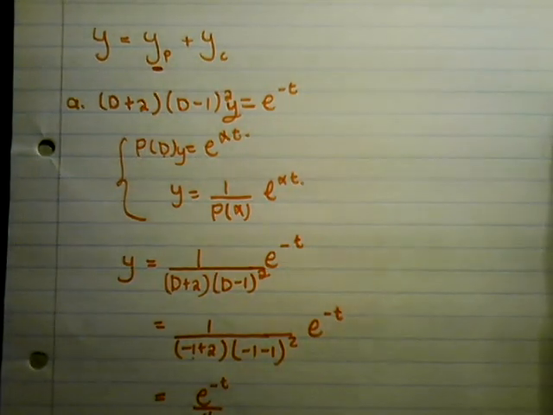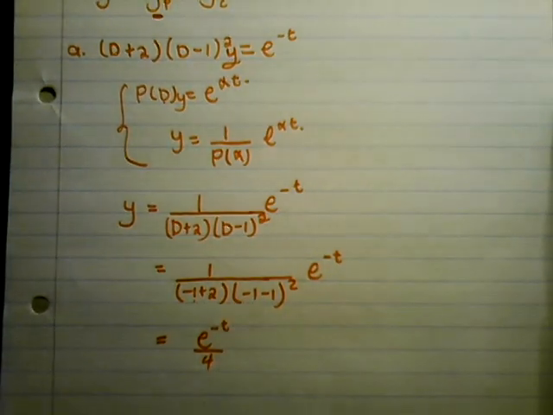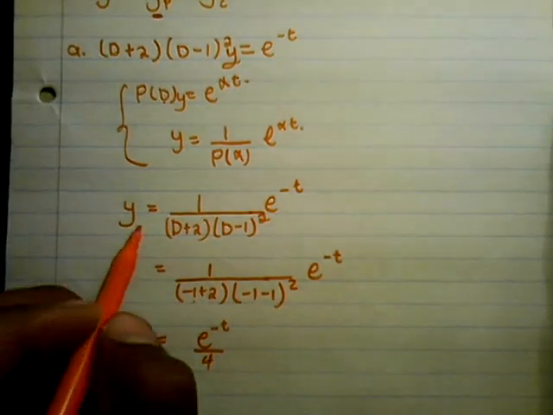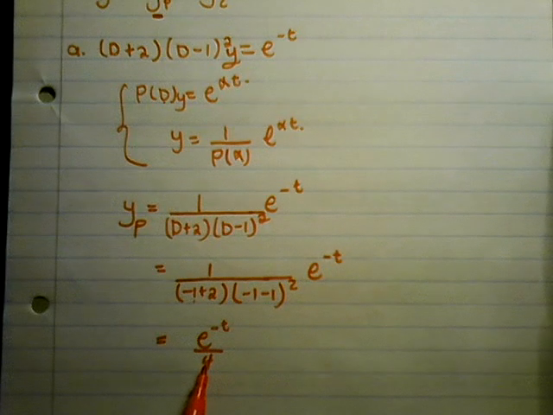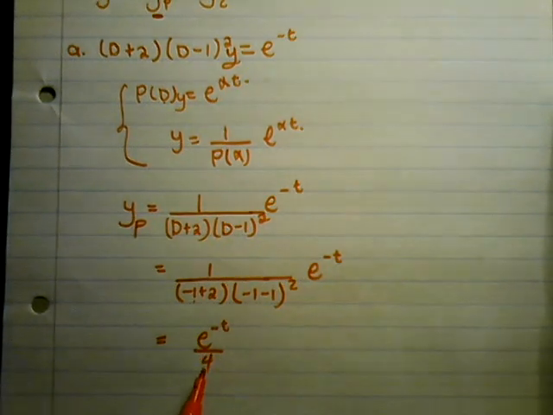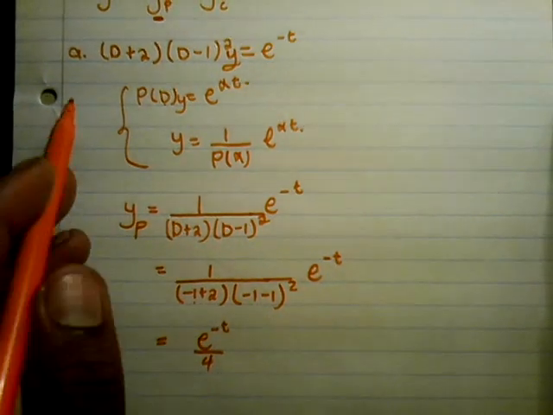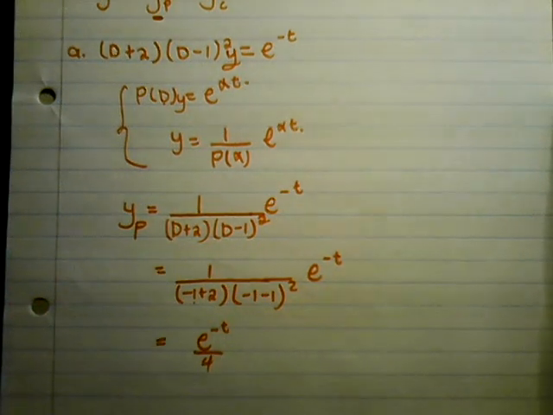This is not the complete solution. This is the particular solution of the function. You have to add this to the complementary solution of the corresponding question in tutorial 13 to get the complete solution of the question.